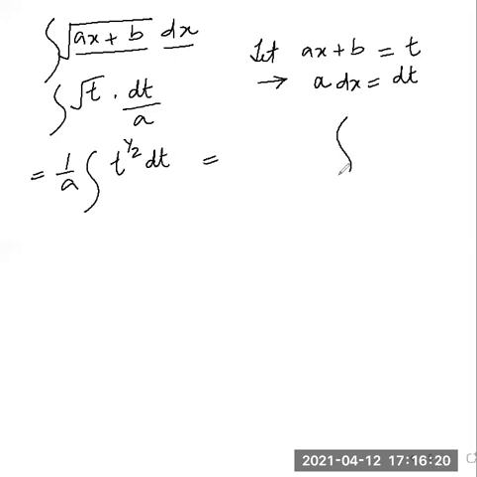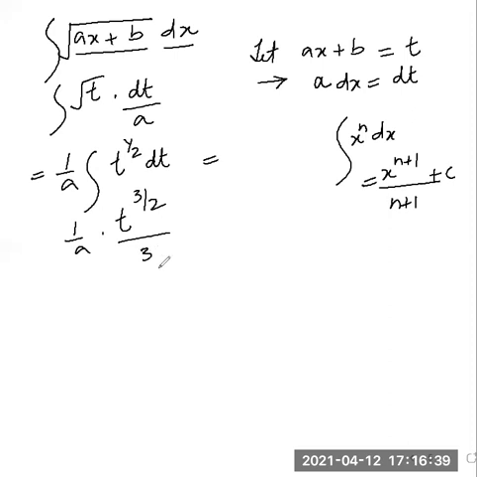I use that formula: integral of x raised to power n dx is equal to x raised to power n plus 1, divided by n plus 1, plus c. So it will be 1 by a into t raised to power 1 by 2 plus 1, that is 3 by 2, divided by 3 by 2, plus c. Please tell me the next step.